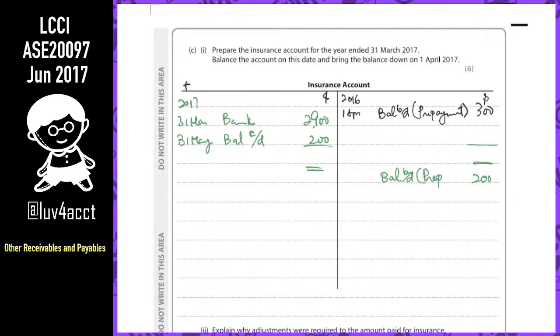Again a prepayment, year 2017, 1st of April. And then the transfer to the statement of profit or loss.